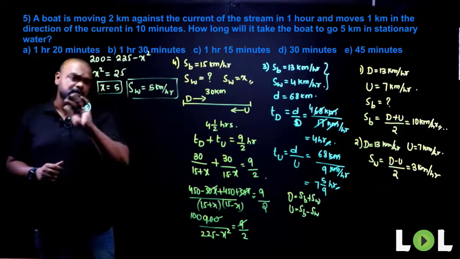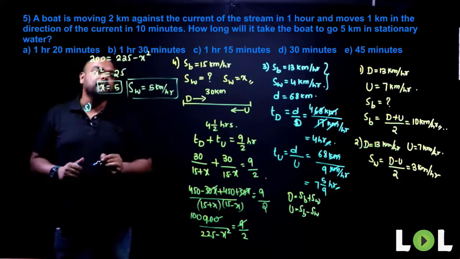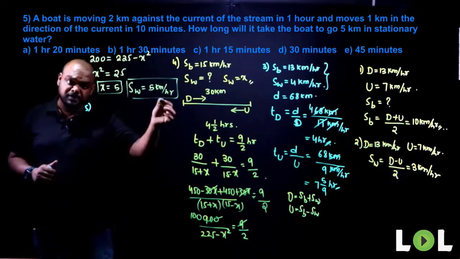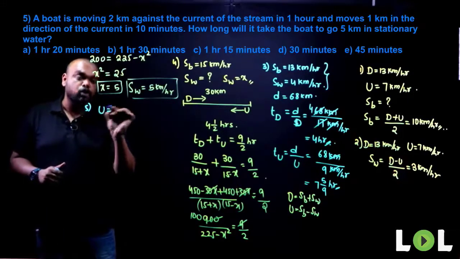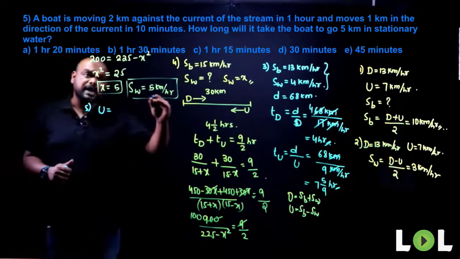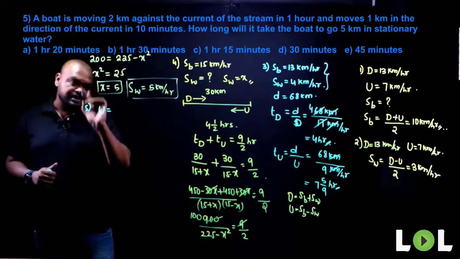See, words are confusing but not at all. Observe. A boat moves 2 kilometers against the current of the stream. That means it is moving in upstream, okay, in 1 hour. It means I can calculate upstream speed because 2 kilometers is the distance, 1 hour is the time. In upstream, against the current, it is going 2 kilometers in 1 hour.